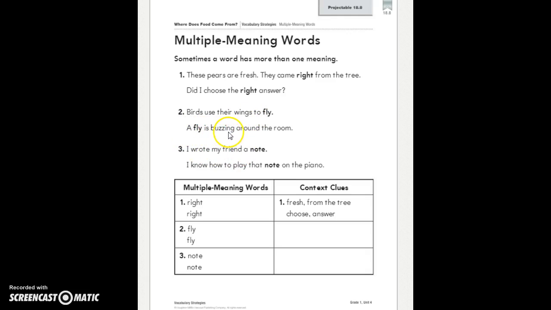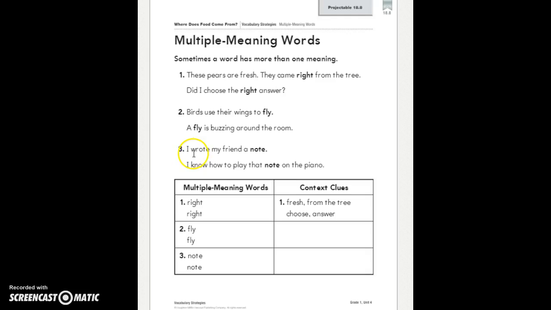A fly is buzzing around the room. Now this is a different kind of fly than birds and their wings do. So what are our context clues for this kind of fly? Buzzing around. That's a great context clue to tell us this is those little pesky black things that like to fly around our picnic.